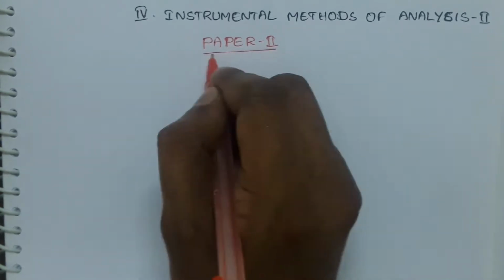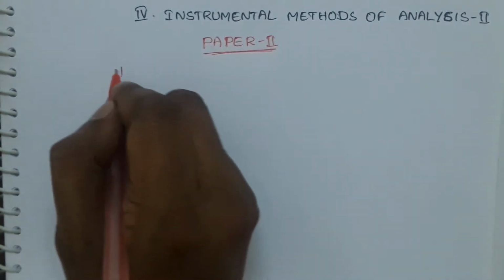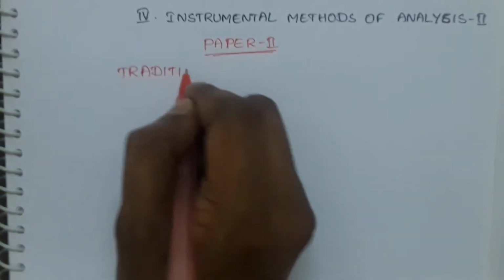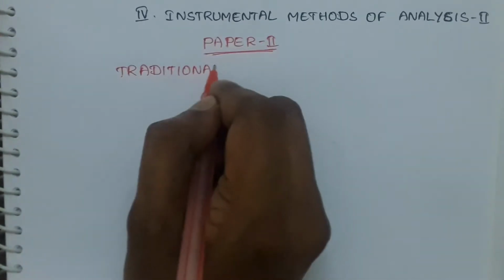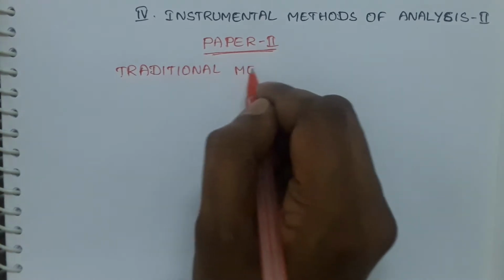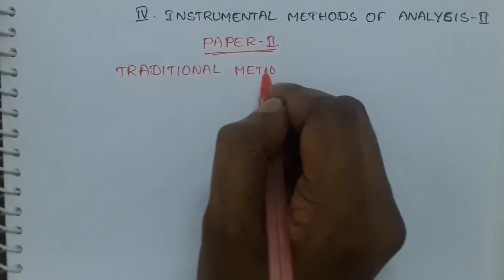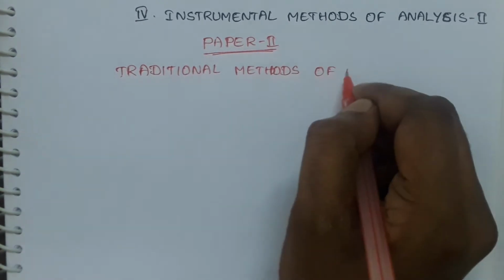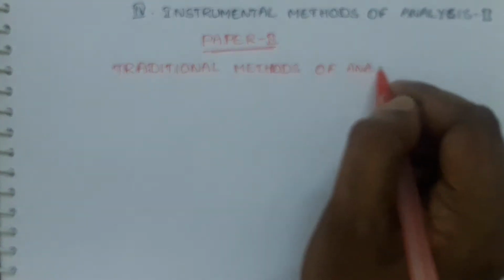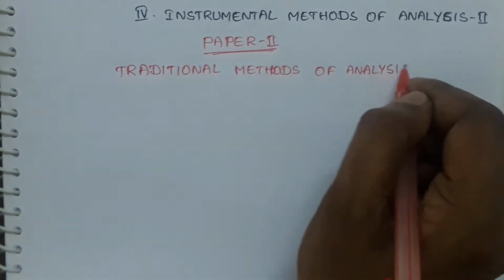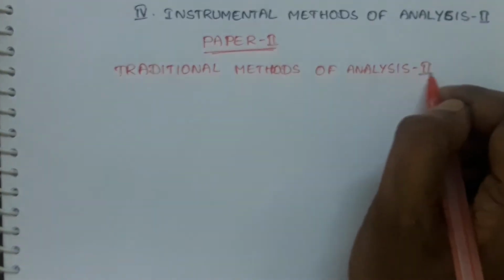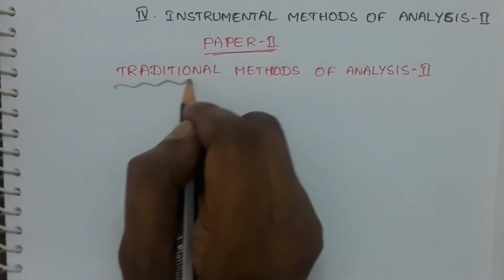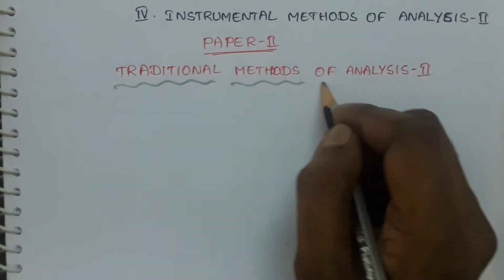What is paper 2? It is traditional methods of analysis 2. Any paper contains 4 units.